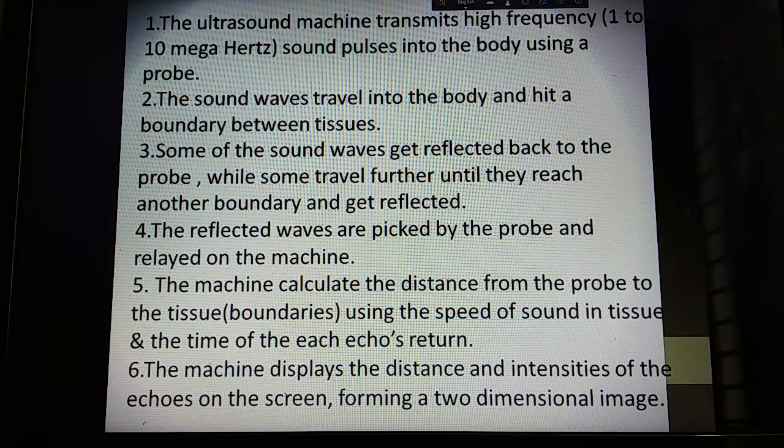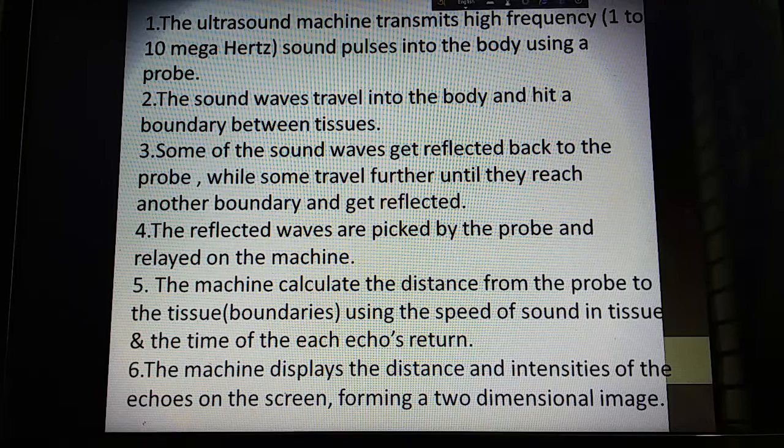As echoes are generated, there is a specific time for the return of each echo. So the machine makes a calculation of the speed of sound and the time of each echo's return.